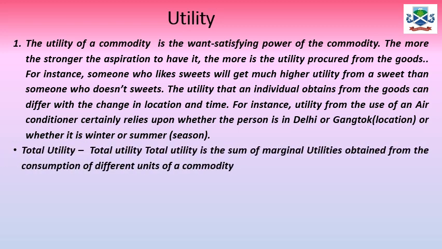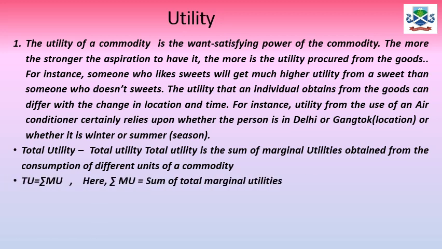Now we learn total utility. Total utility is the sum total of marginal utility obtained from the consumption of different units of a commodity. If you are consuming, for example, 2 oranges, and the first orange gives 10 utils and the second orange gives you 8 utils, then the total utility is 10 plus 8, equal to 18 utils.